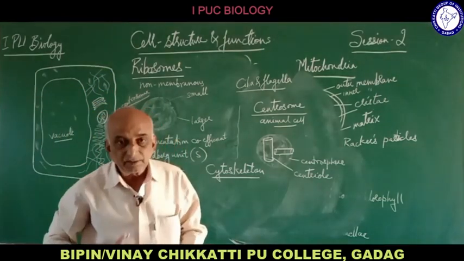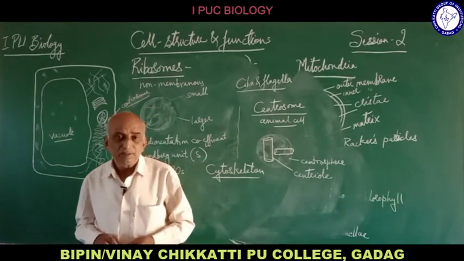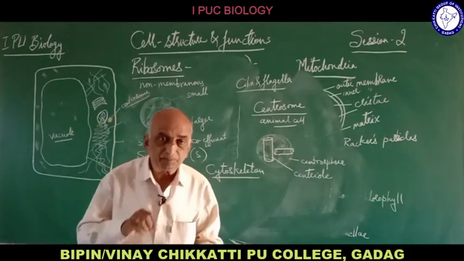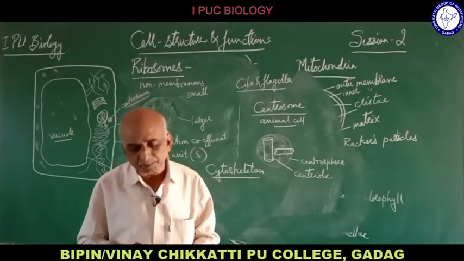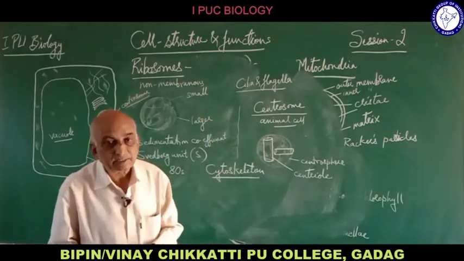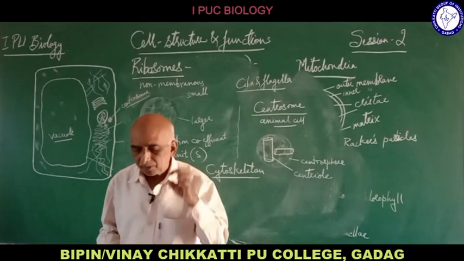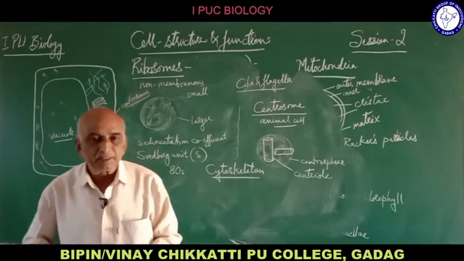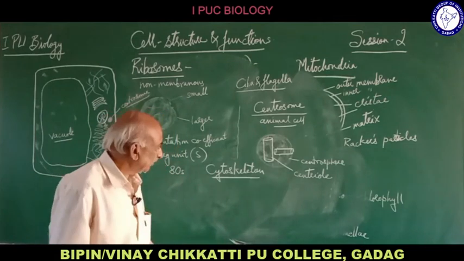These filament structures which form the network give a kind of mechanical support, or give shape to that cell. So they maintain the cell shape, or they help in the motility of the cell sometimes. That is what is called the cytoskeleton.